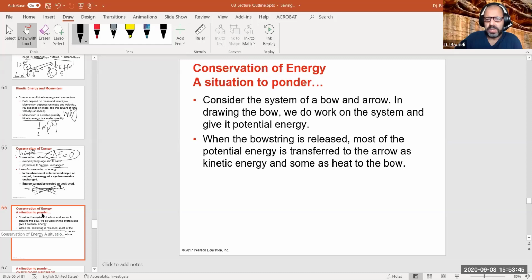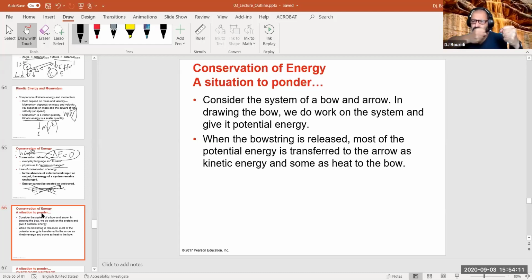Okay, consider a system of a bow and arrow. In drawing the bow, we do work on the system and give it potential energy. When the bowstring is released, most of the potential energy is transferred to the arrow as kinetic energy and some as heat to the bow. So basically, at some point, when you pull on it, that's where the energy is.